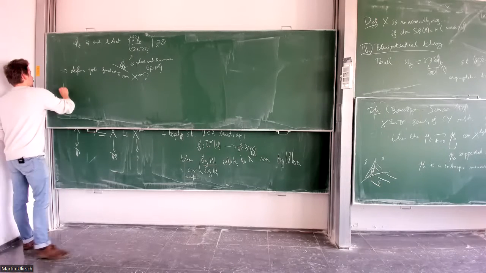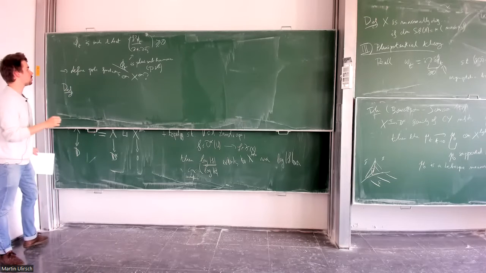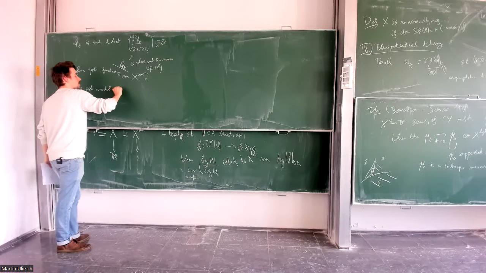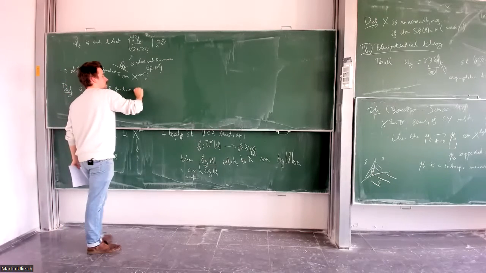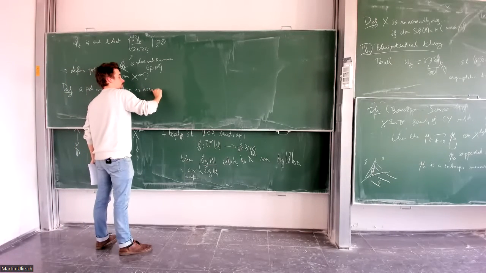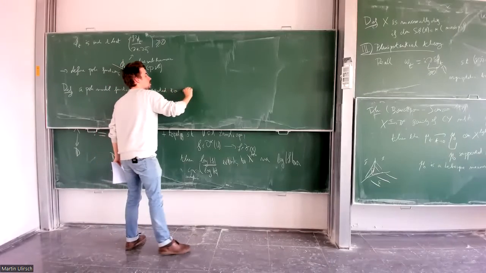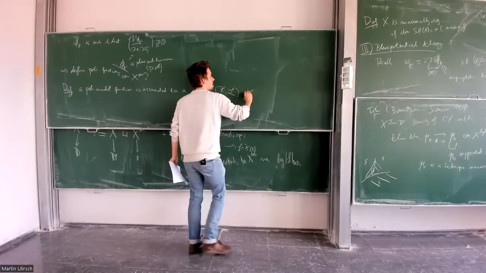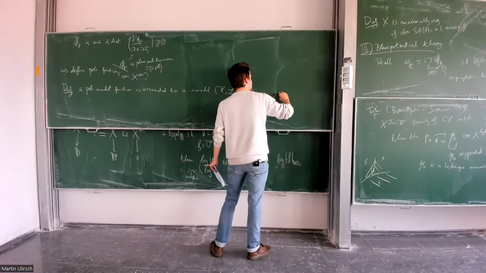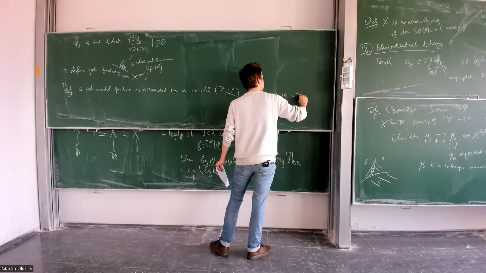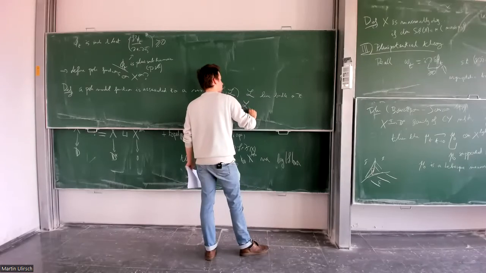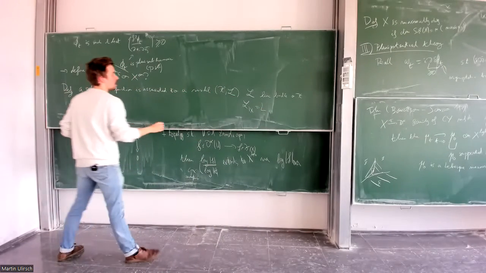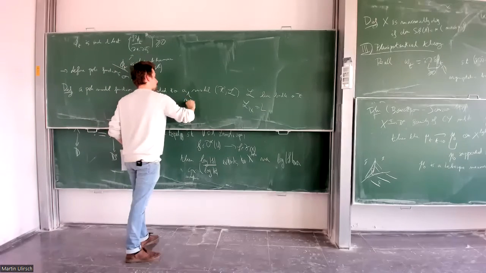So the first basic piece is that we're going to define a PSH model function. So this is associated to a model. I'm going to take a model 𝒳 together with ℒ, where ℒ is a line bundle on 𝒳, such that when I restrict it to the open part X, this is just my original line bundle. And I'm going to want it to be nef.